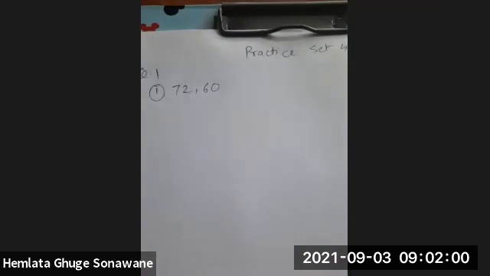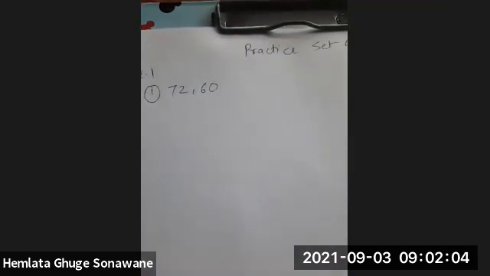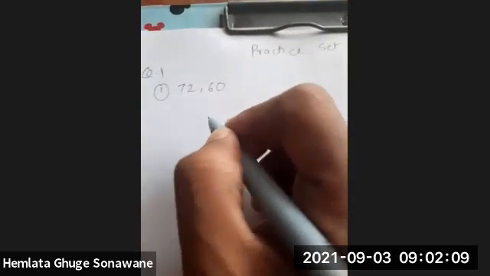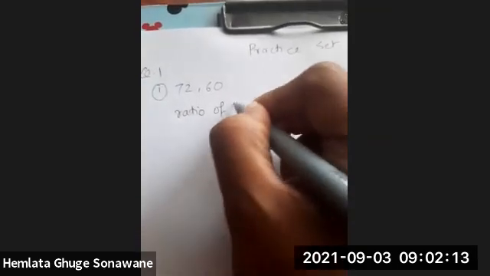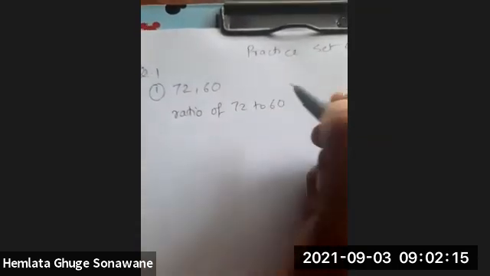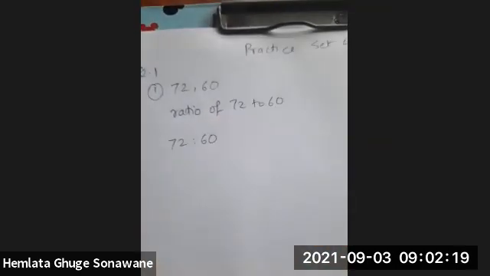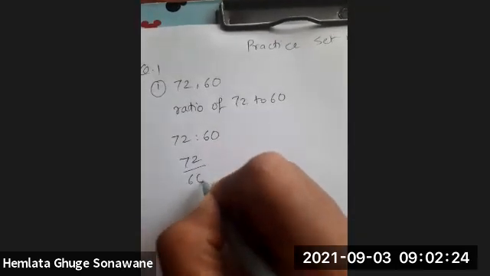Question 1. First one is 72 and 60. Now we have to find the reduced form of the ratio of the first number to the second number. That is the ratio of 72 to 60. So we write 72 is to 60, that is 72 upon 60.